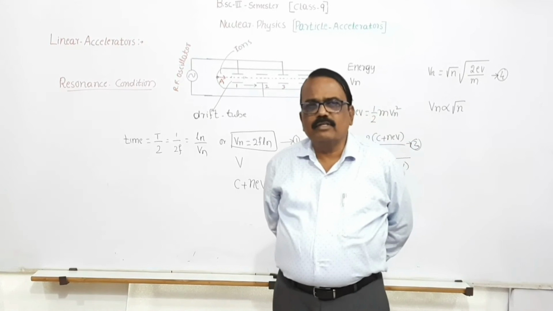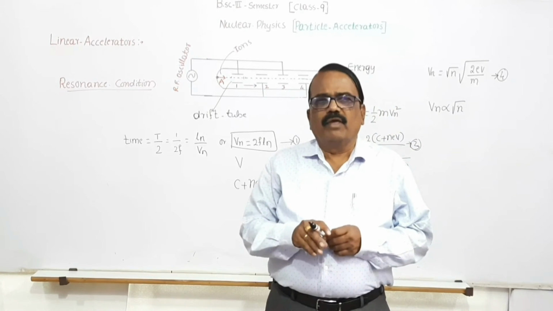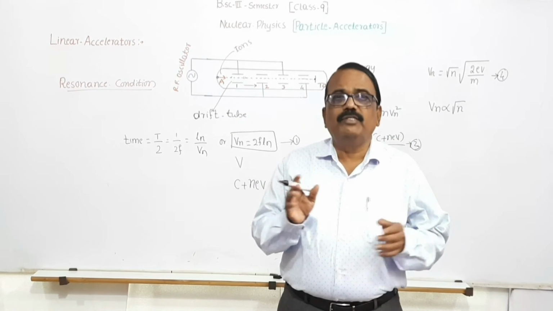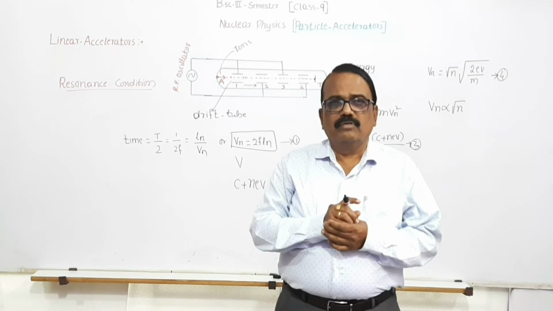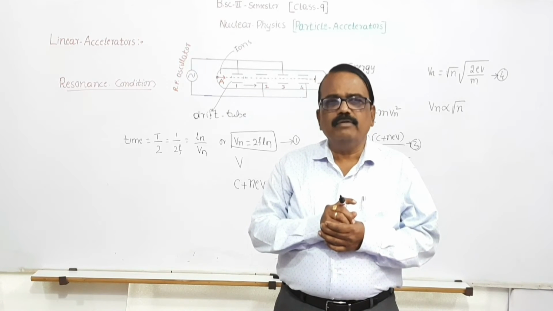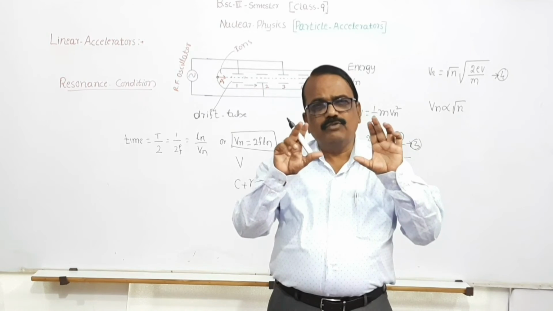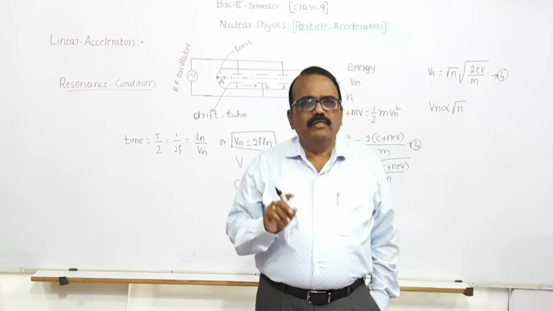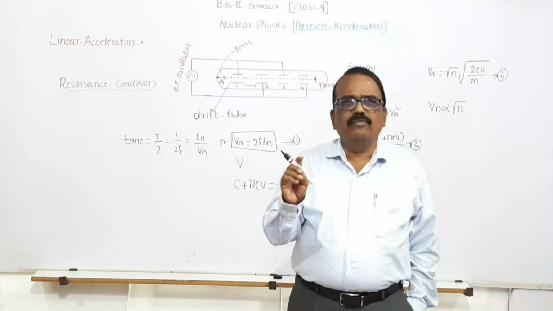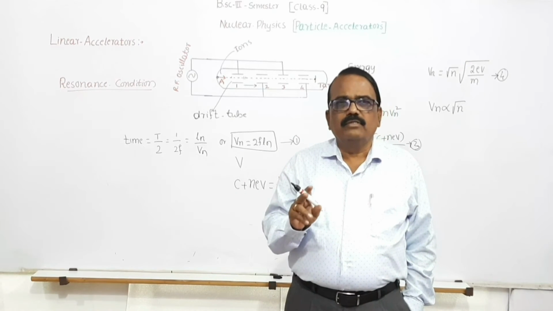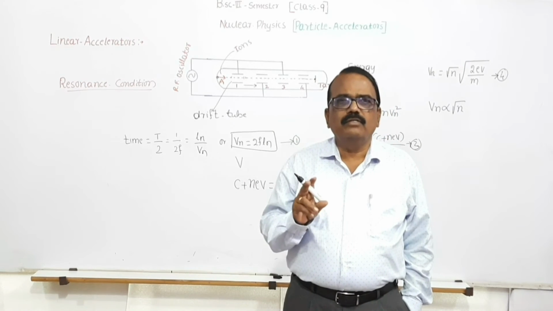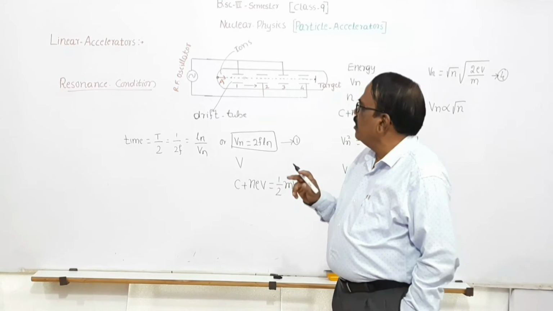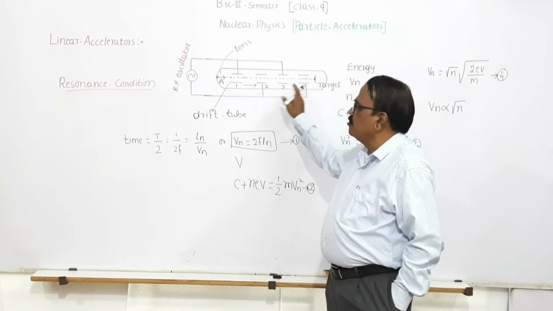This linear accelerator has got certain limits. The first one is that the length of the linear accelerator is very inconveniently large. It is very difficult to maintain a vacuum in this large chamber.